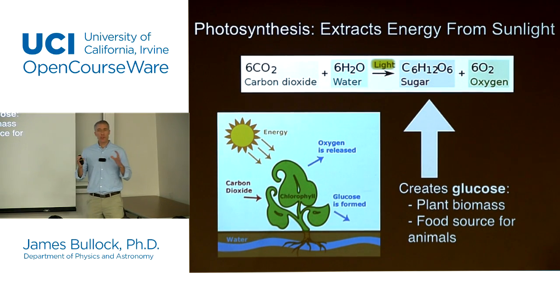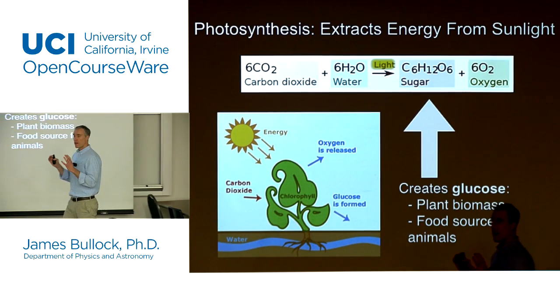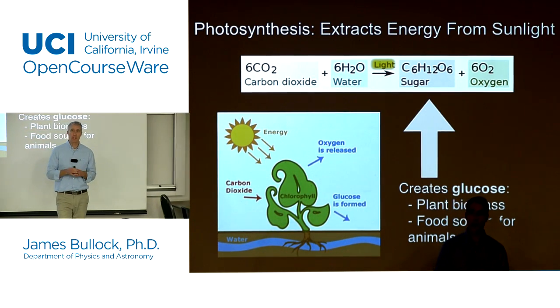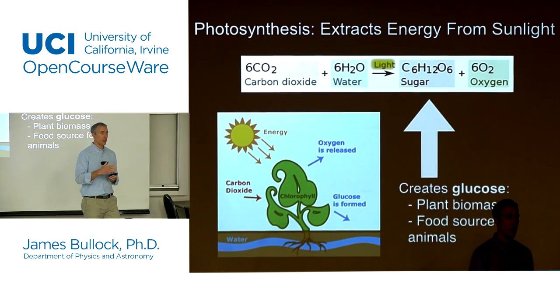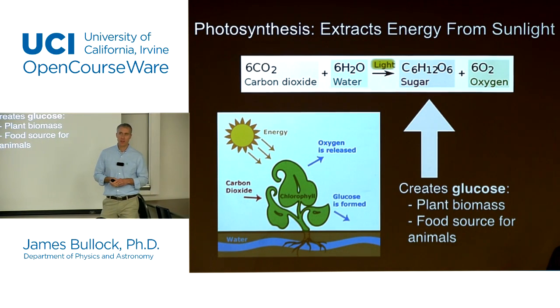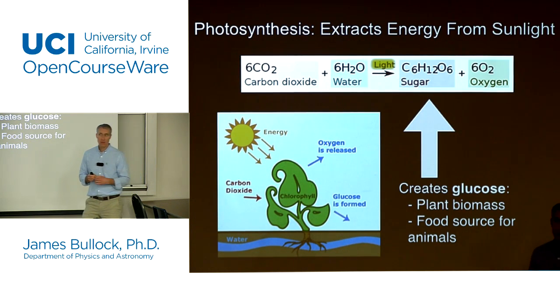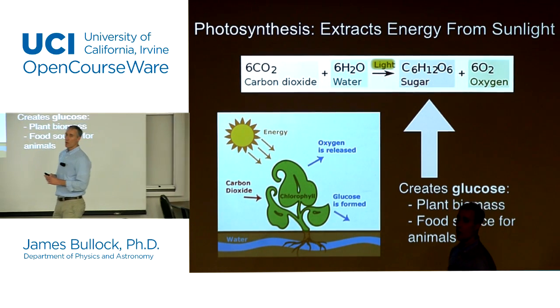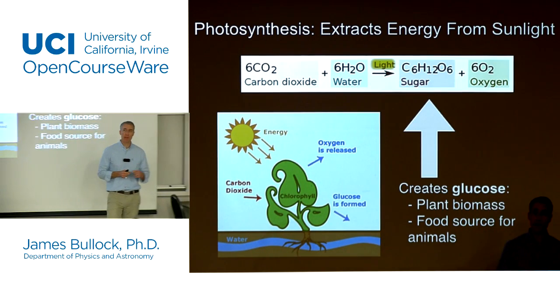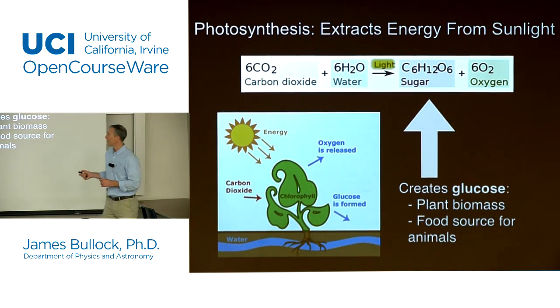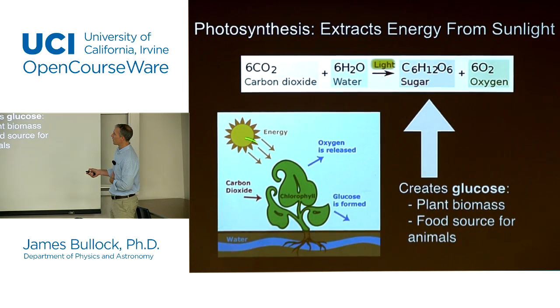More generally, photosynthesis is anything that extracts energy from sunlight to allow life to exist. And there are types of photosynthetic reactions that don't produce oxygen. But the one we're most familiar with, in green plants and algae, is this one right here. So basically, you have energy coming from the sun.